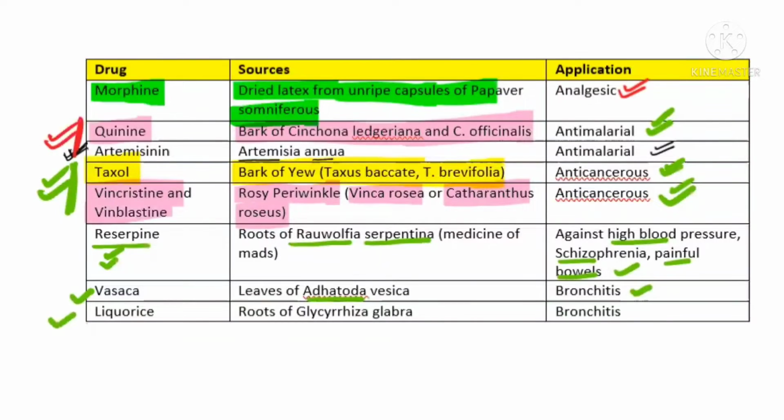Licorice is obtained from the roots of Glycyrrhiza glabra, and it is for bronchitis. My suggestion is you can take a screenshot of this and please learn, because when you are solving the questions, these questions will be asked. For example, they will ask you, Taxol is obtained from root, bark, stem or leaf? You have to focus, it is obtained from the bark. Few are obtained from the leaf. This is the way you have to focus.